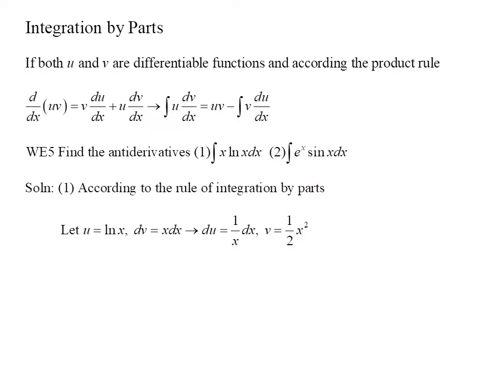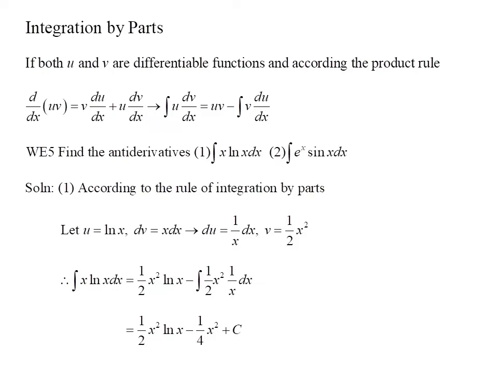That gives us du equals 1 over x dx and v equals x squared over 2. Hence, the antiderivative is written as 1 over 2 times x squared ln of x minus the integral of 1 over 2 times x squared times 1 over x dx, which equals x squared ln of x over 2 minus x squared over 4 plus c.